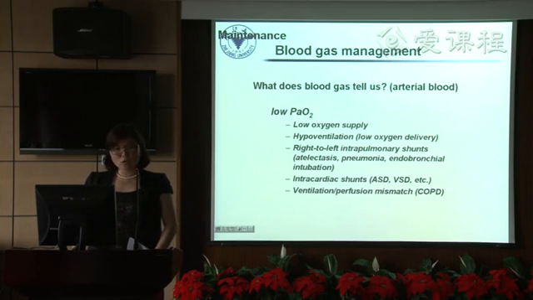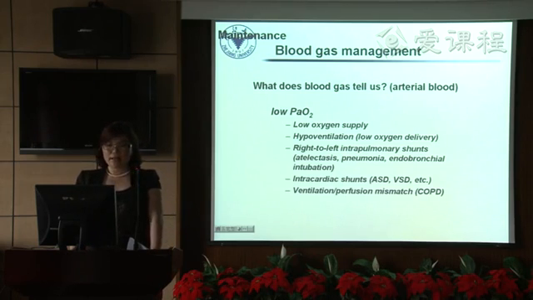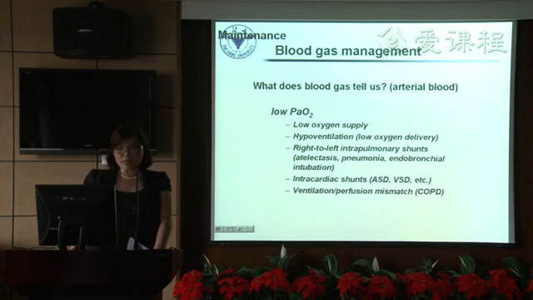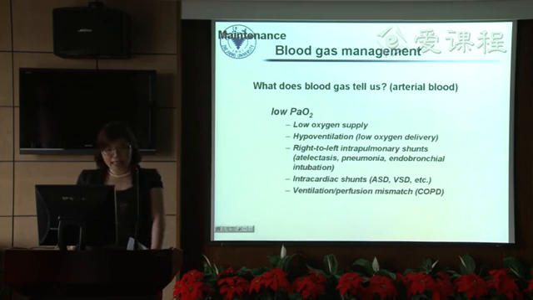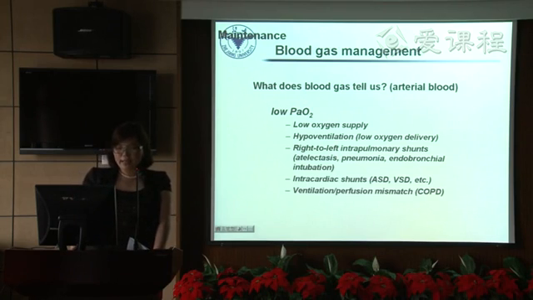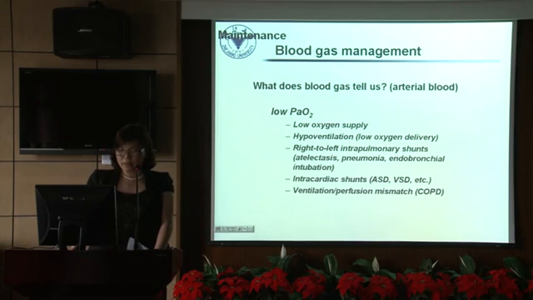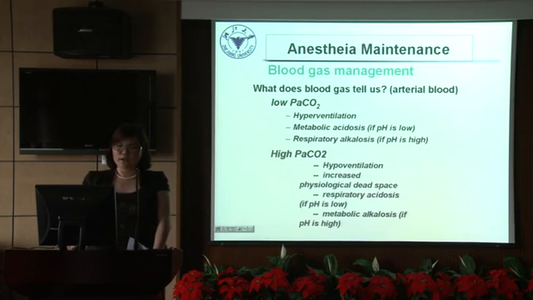Usually it is because of low oxygen supply and hypoventilation, for example low oxygen delivery, and right to left intrapulmonary shunts, for example pneumonia and bronchial intubation, and intracardiac shunts, and ventilation perfusion mismatch. So we should find the cause and correct it.